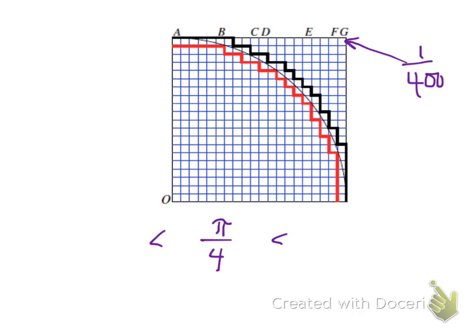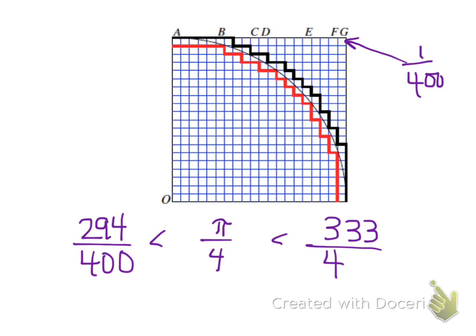I counted 294 inside the red boundary, so 294 over 400. And inside the black, we've got 333 400ths. Again, we're going to multiply through by 4 so that we get an estimate for pi instead of an estimate for pi over 4.